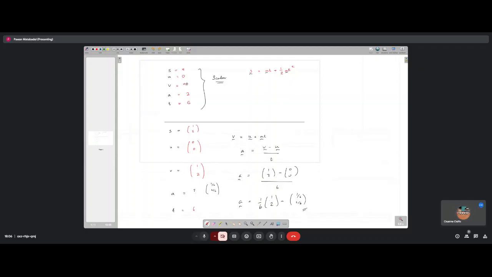So for example, in projectiles, we just say displacement's 9, velocity's 9, acceleration is 2. But what if we actually had two directions, or two-dimensional situations similar to projectiles? How would you model that scenario? So that's what Chapter 8 is about.